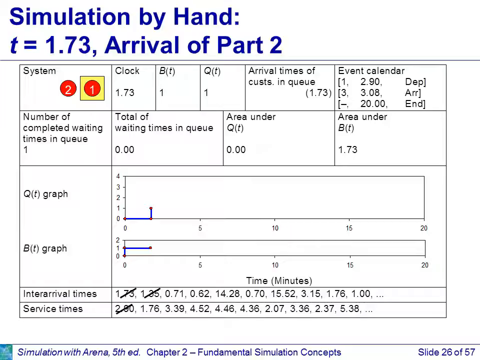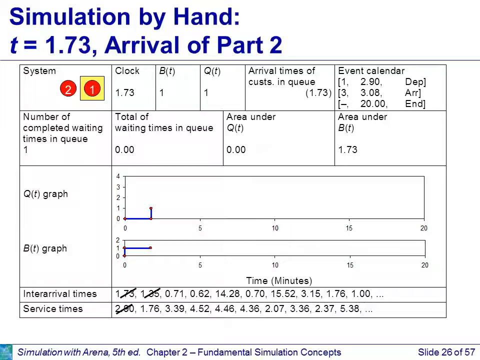So again, number of completed waiting times in the queue is still 1 because only part 1 has completed its waiting time in the queue, and the second part is still waiting. So the total waiting time is still 0. This is the area under the QT, but the area under BT has changed because notice that we had the machine busy processing part 1 for 1.73, right?